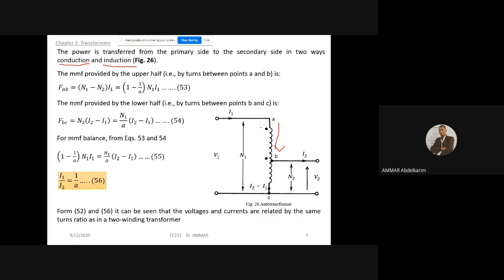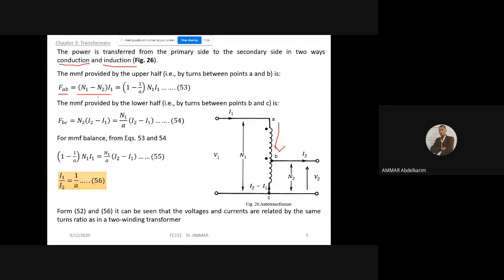Let's continue. So the MMF provided by the upper half, this is the upper half between A and B. The MMF AB equals what? It equals (N1 minus N2) times I, according to Ampere's law.